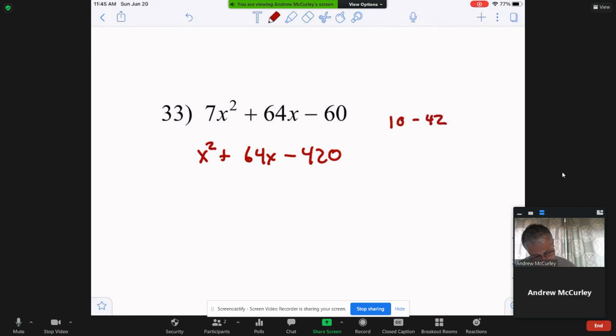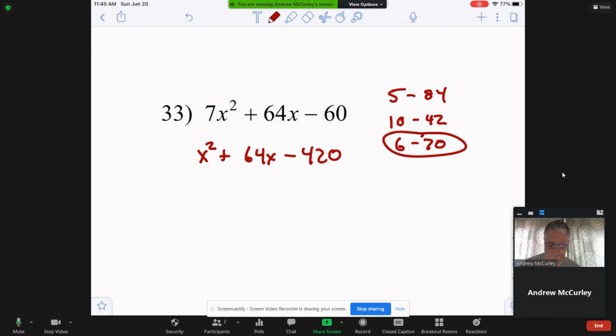Is that going to work? That did not have a difference of 64. How about 5? 420 divided by 5 is 84. That's not quite enough difference. Somewhere between there. 420 divided by 6 is 70, and 76 and 70. There it is. All right, that's my set.